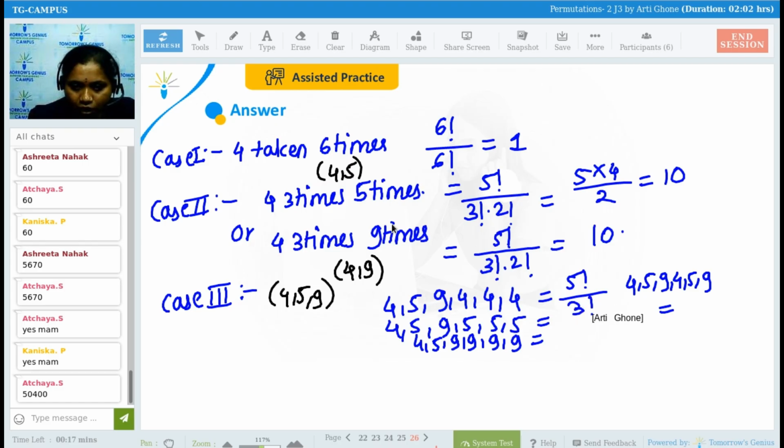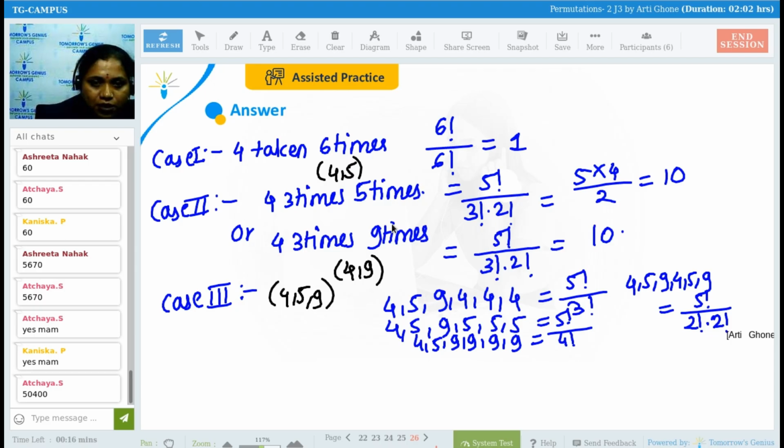Both are 5 factorial upon 4 factorial, and this one is 5 factorial upon 2 factorial into 2 factorial, since 4 is fixed and we are not allowed to take that 4. Clear? So just answer me this one.